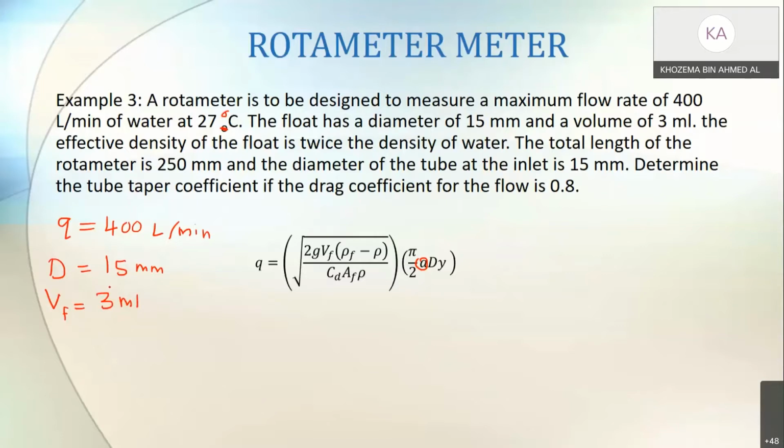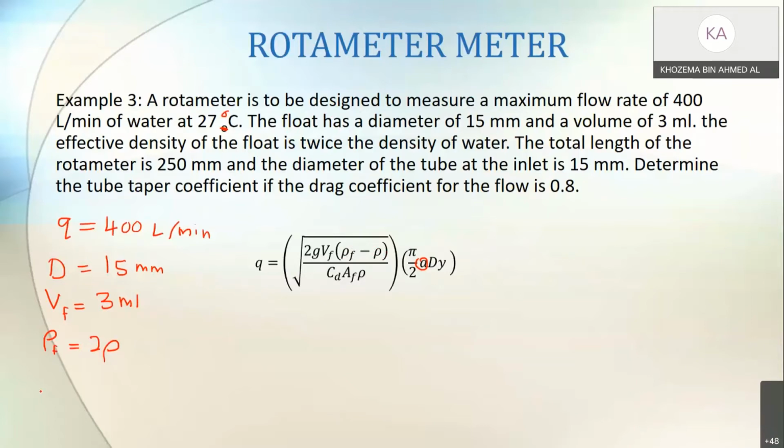The density of the float, rho F, is equal to 2 times the density of water. So I can write here rho F is equal to 2 rho, because we said that in the equation, rho F is the density of the float, rho is the density of the fluid flowing in your rotameter, and in this case, the fluid that is flowing in the rotameter is our water. And then the total length of the rotameter.